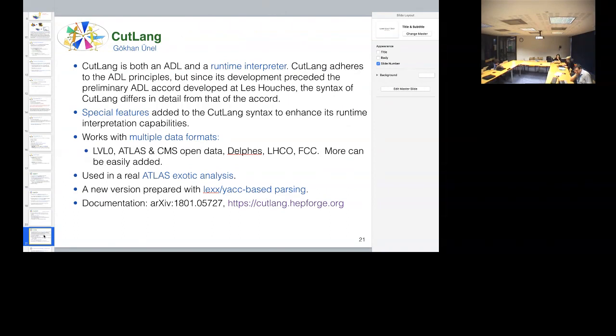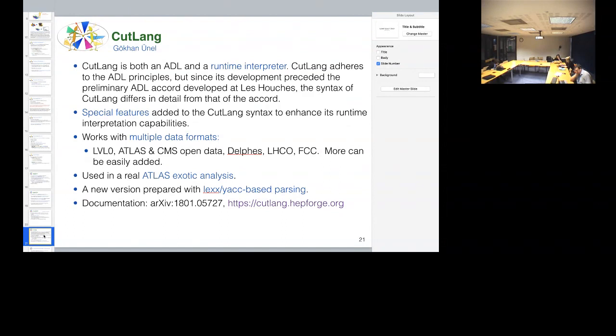Work is underway to see whether there's a way to converge and bring the two together. Moreover, it has some special features that enhance the runtime interpretation of the system. What is particularly interesting is that it currently works with multiple data formats from Atlas, CMS, Delphes, etc., and it's designed in such a way that more can be added.